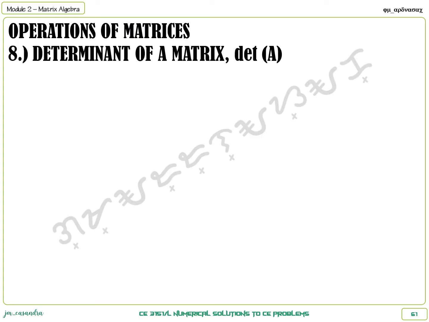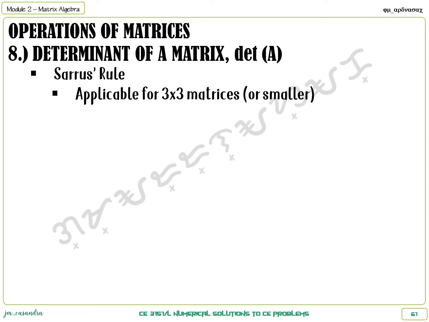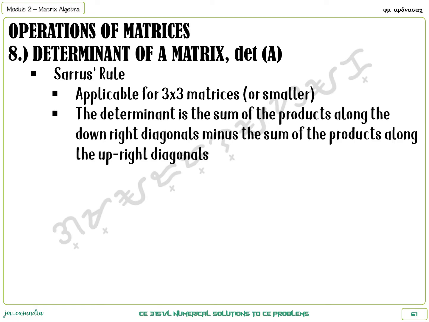For the determinant of a matrix under Sarrus rule, this is applicable for a 3 by 3 matrix or a smaller matrix. The determinant is simply defined as the sum of the products along the downright diagonal minus the sum of the products along the upright diagonal.